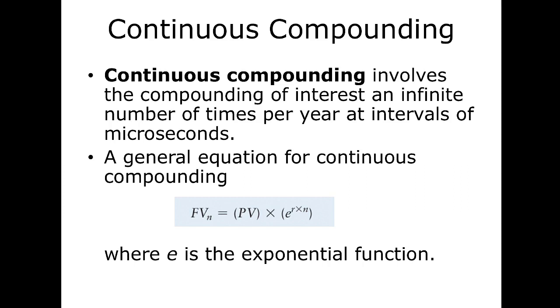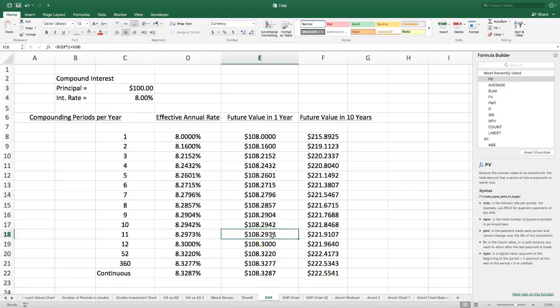So we're thinking here of intervals of just microseconds. The general equation for continuous compounding is the future value is equal to the present value multiplied by e, our natural exponent, raised to the rate times the number of periods, the number of years. Each compounding period that we add increases the effective annual rate, but it increases at a decreasing rate.